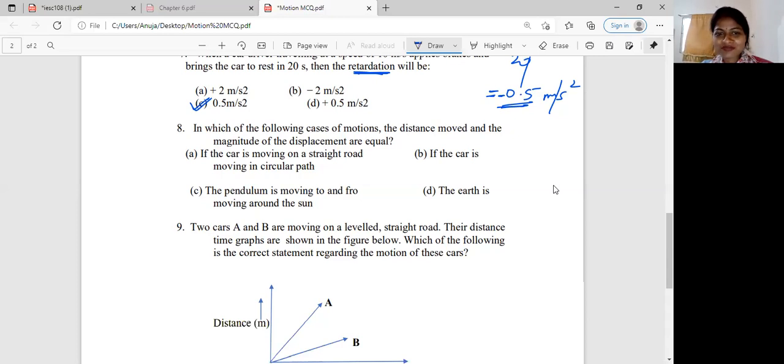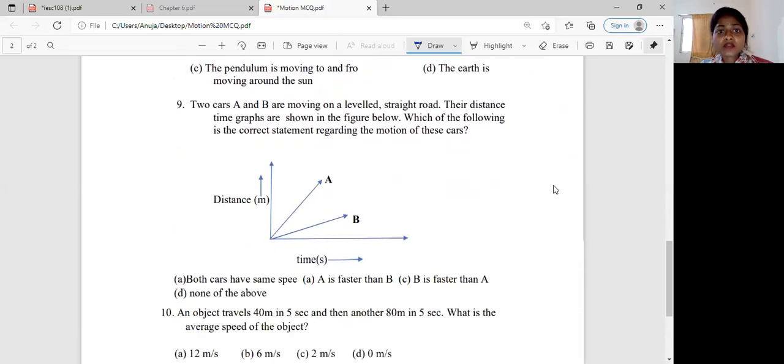Of course, we know that these are examples of circular motion, to and fro motion, that is the motion of the pendulum, and the motion of the earth, which is also circular motion. So displacement can be 0 here, as initial and final position can be the same, but when the car is moving on a straight road, of course distance and displacement can be the same. So option A will be the correct answer.